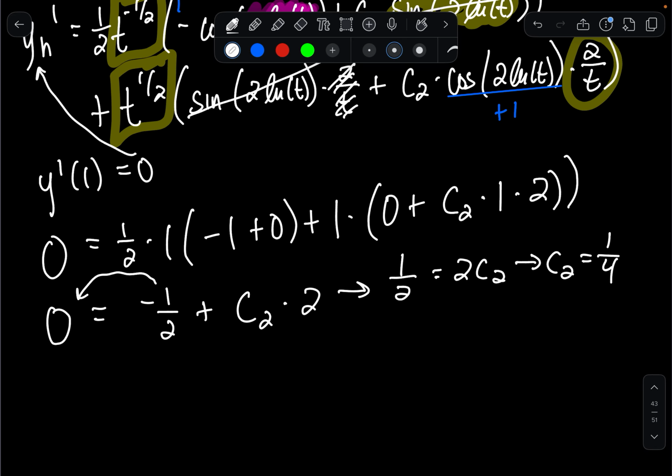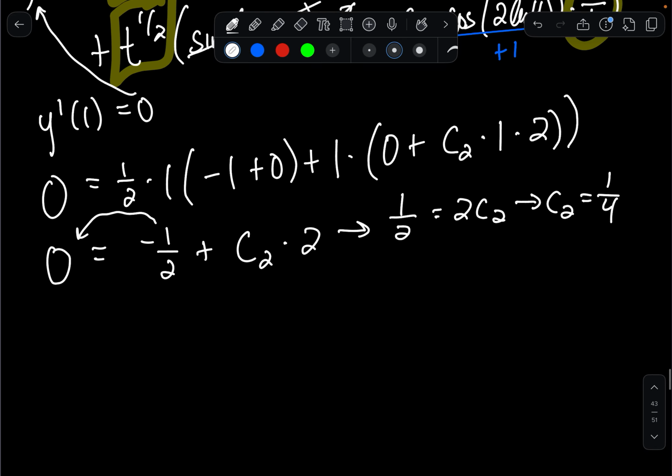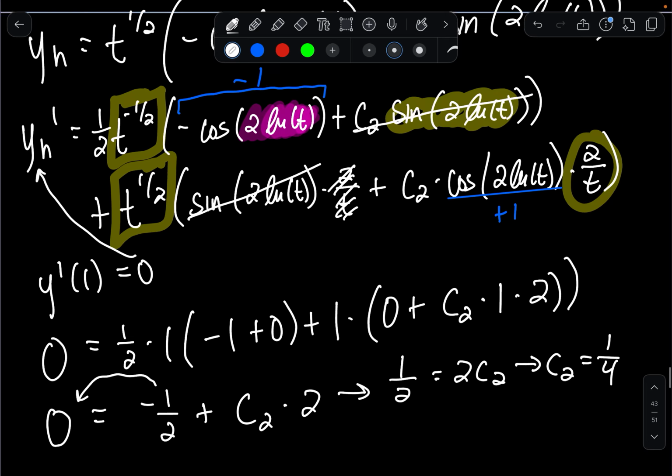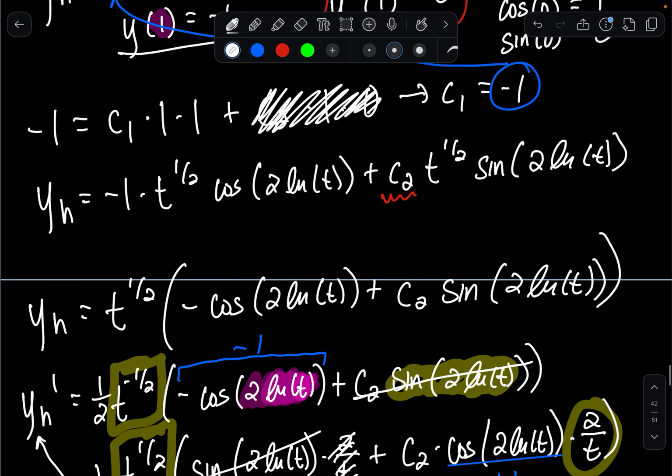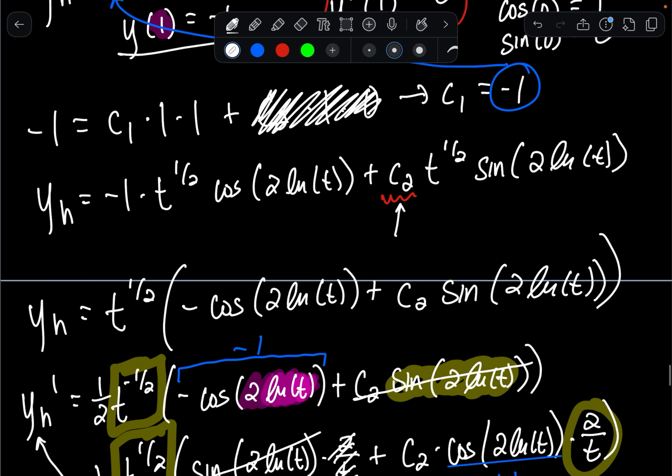And there we have it. There is our second constant, which gives us our final unique homogeneous solution by plugging in the c2 value here, which is 1/4.